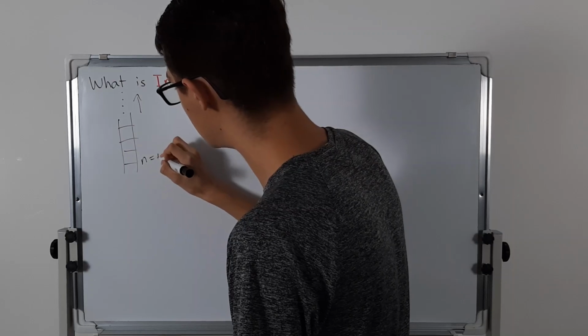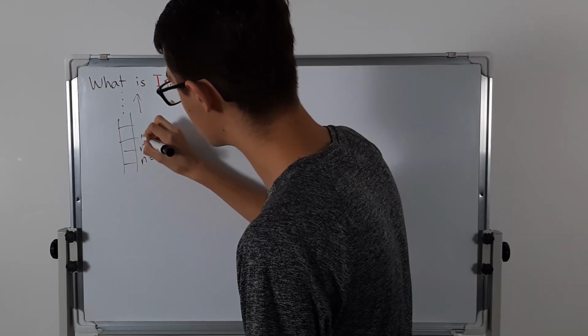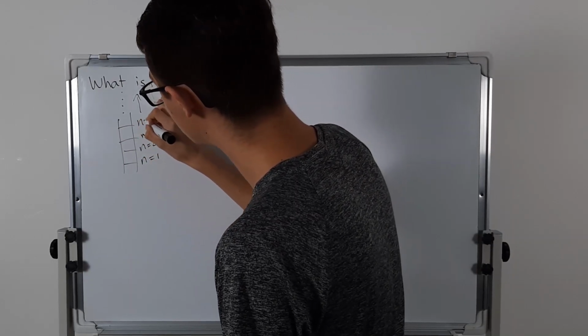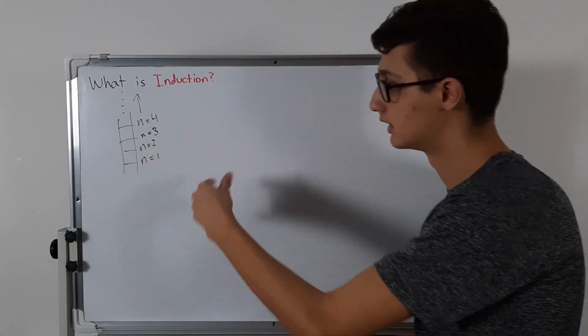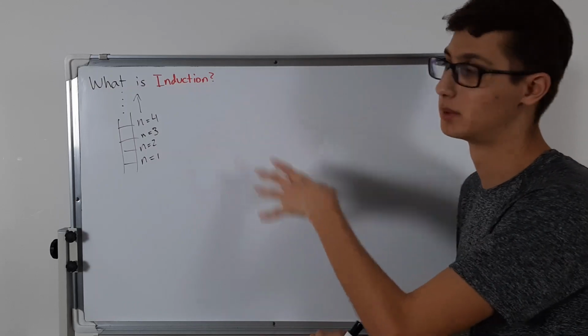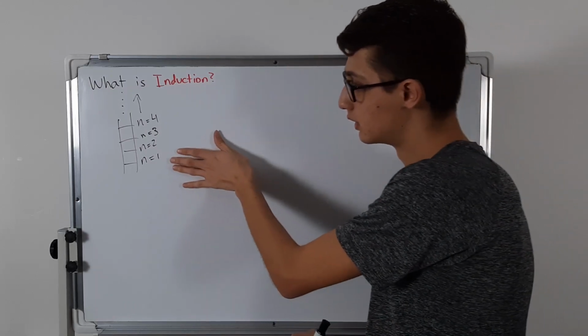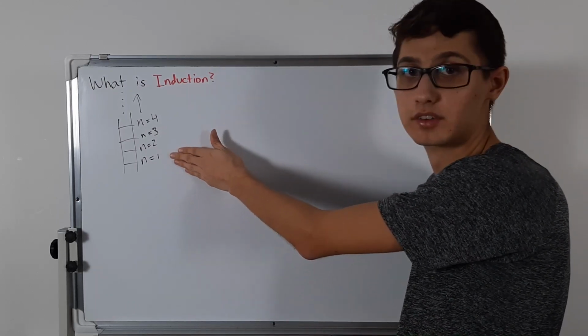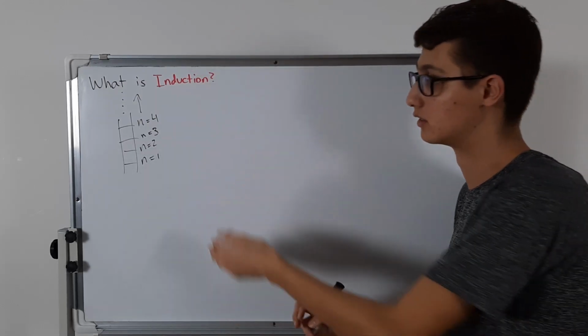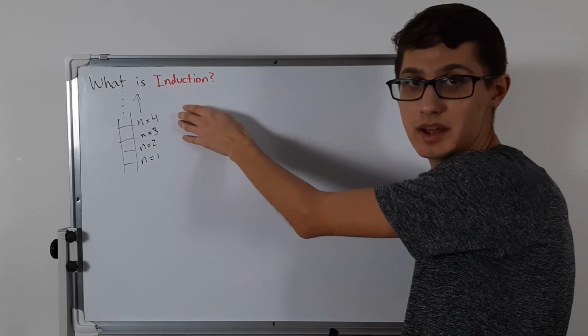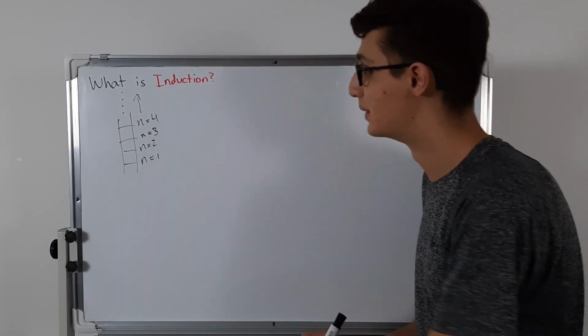So we have n equals 1, n equals 2, n equals 3, and so on, right? Basically, you get on the ladder, that's the first step, and then after that, you just climb it. That's pretty much what induction is. You get on the ladder and then you climb it all the way to infinity.